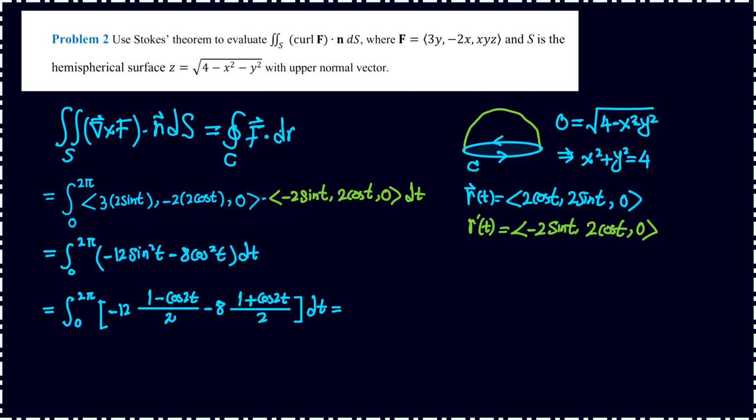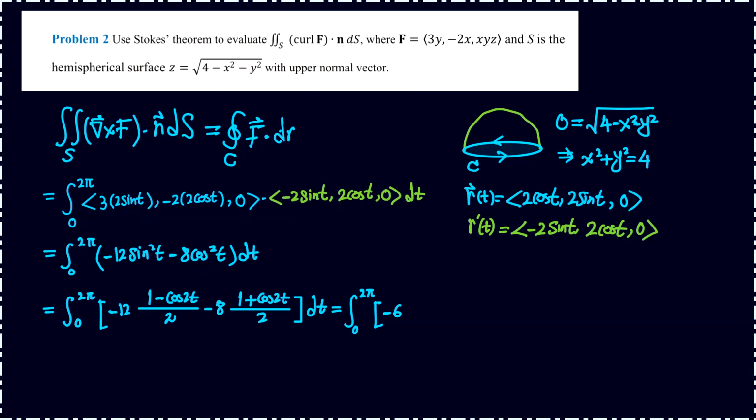Okay, now again, the good news is that the integral from 0 to 2 pi of cosine 2t is going to be 0. So what we are integrating here is really 1/2 times negative 12. That would be negative 6.